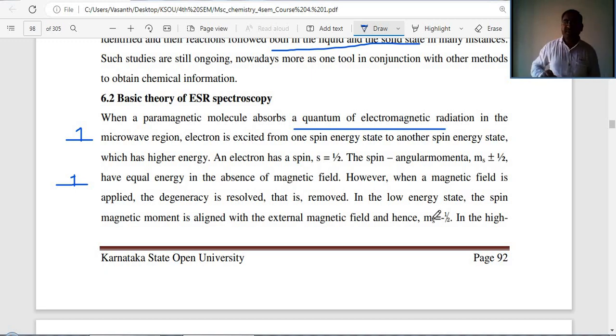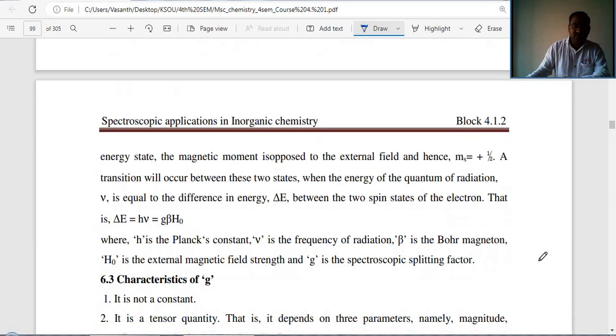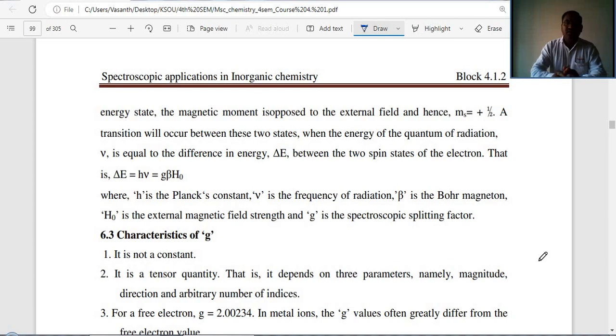The electron spin value is plus or minus half. That indicates equal energies of lower energy and higher energy. Here, the transition will occur between the two states, lower energy state and higher energy state.